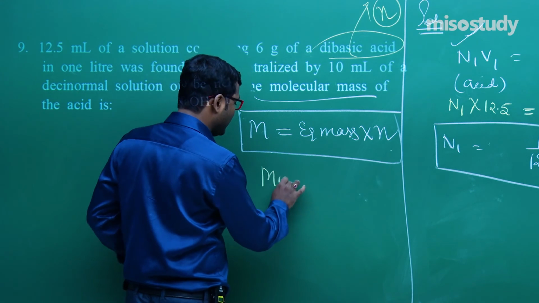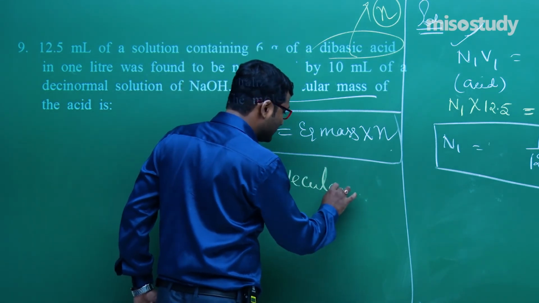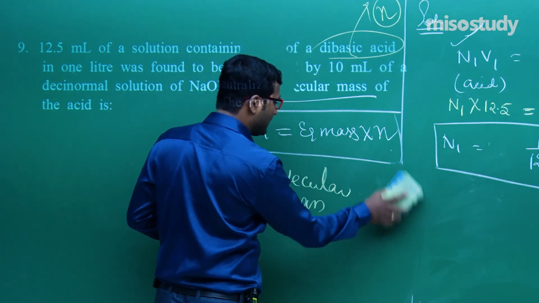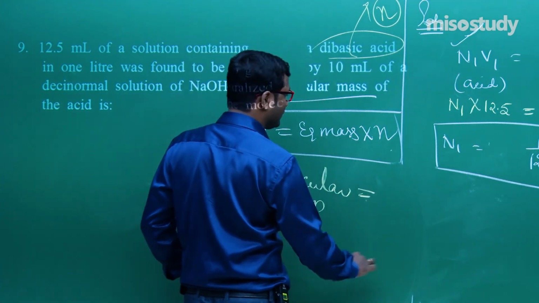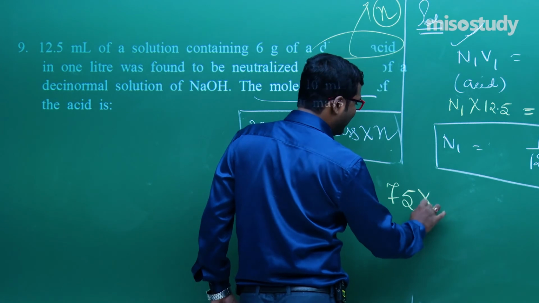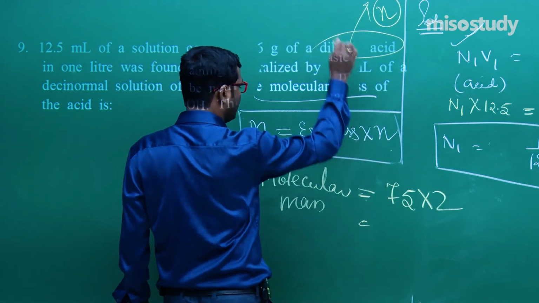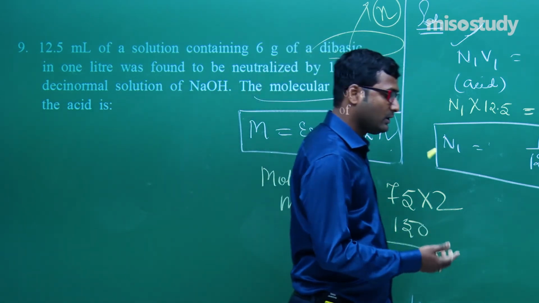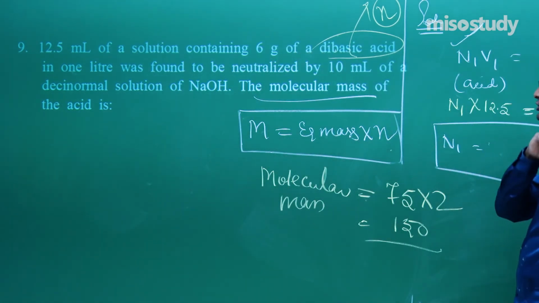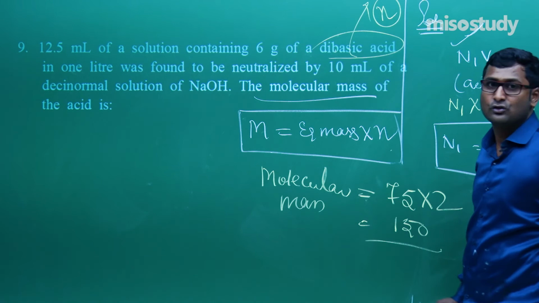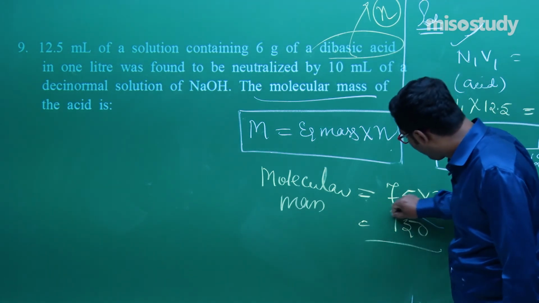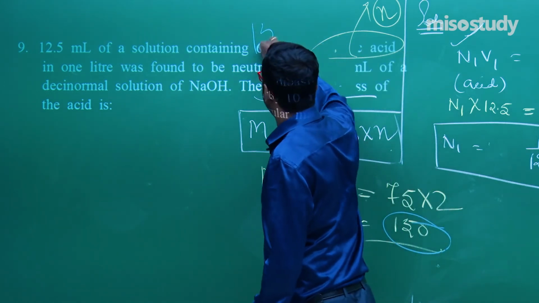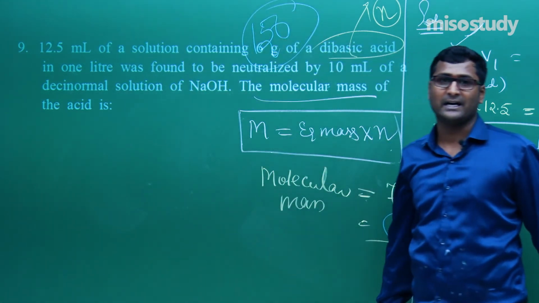So molecular mass is equivalent mass multiplied by N. What is equivalent mass? 75, and N is equal to 2. Basicity is 2, dibasic acid, so that is 150. This is the complete solution of this question. Clear, friend? So we can easily say, sir, for integer type the answer is 150. For this question 150 is the correct answer.